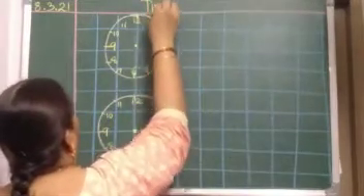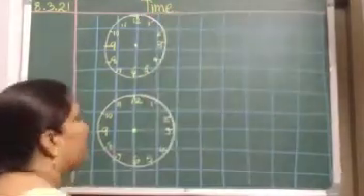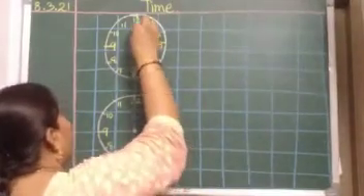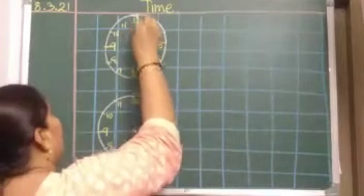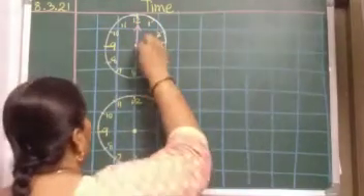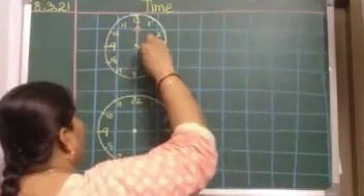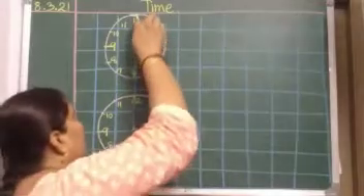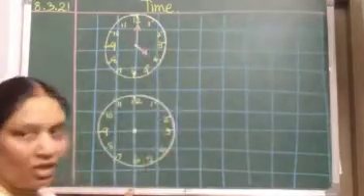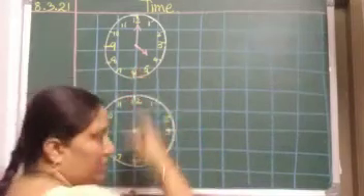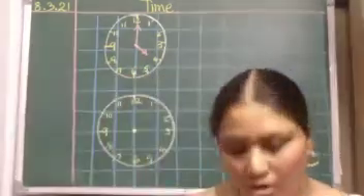Now, draw a long hand showing 12 and a short hand showing 4. See, this one is the long hand and this one is the short hand. So what is the time, children? Yes, it is 4 o'clock.